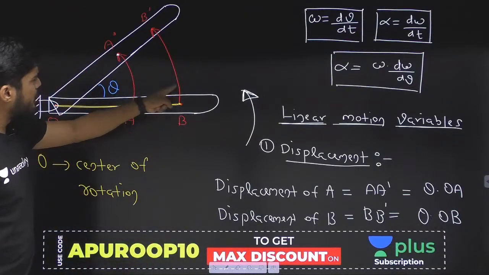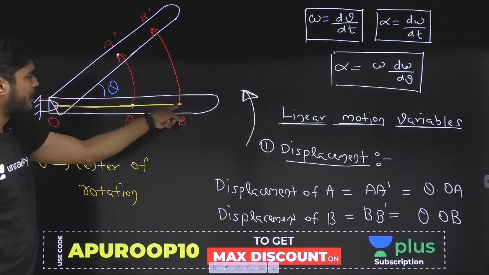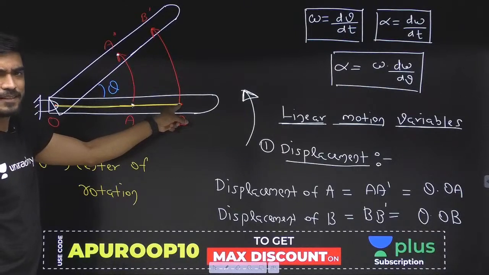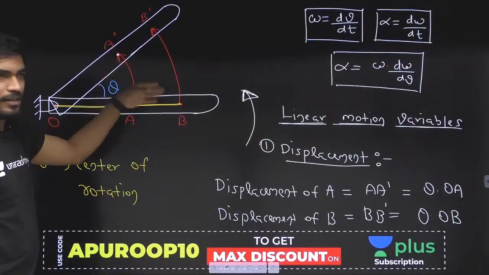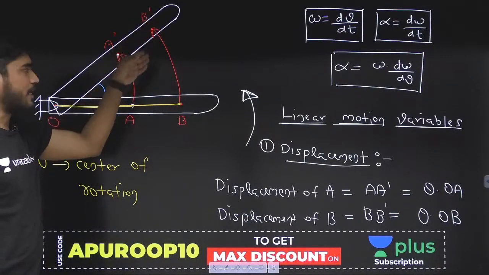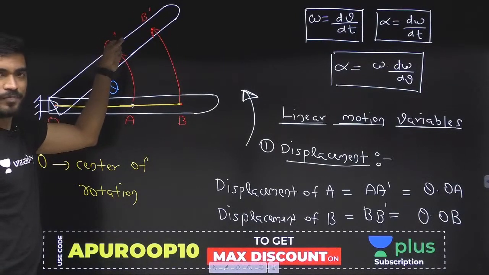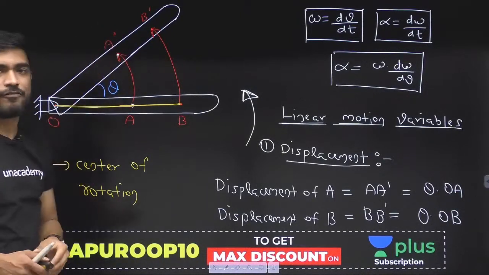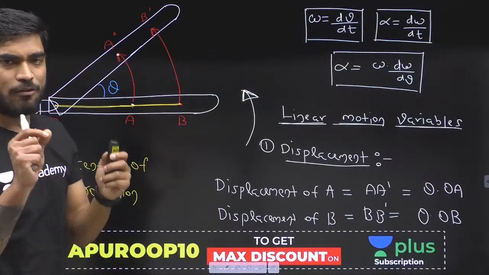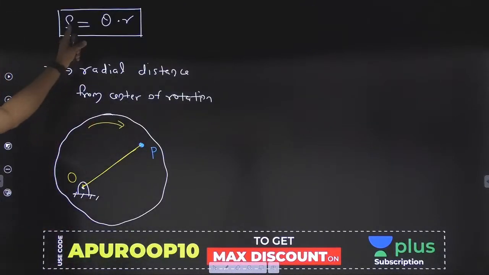From this diagram it is very clear. B is traveling more distance compared to A. So the displacement of B is more than the displacement of A. So what will be the equation of linear displacement? S equal to theta into r.